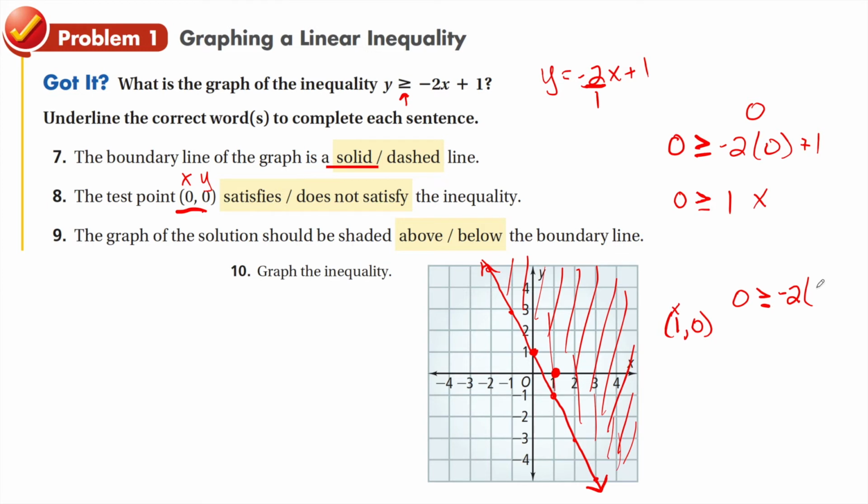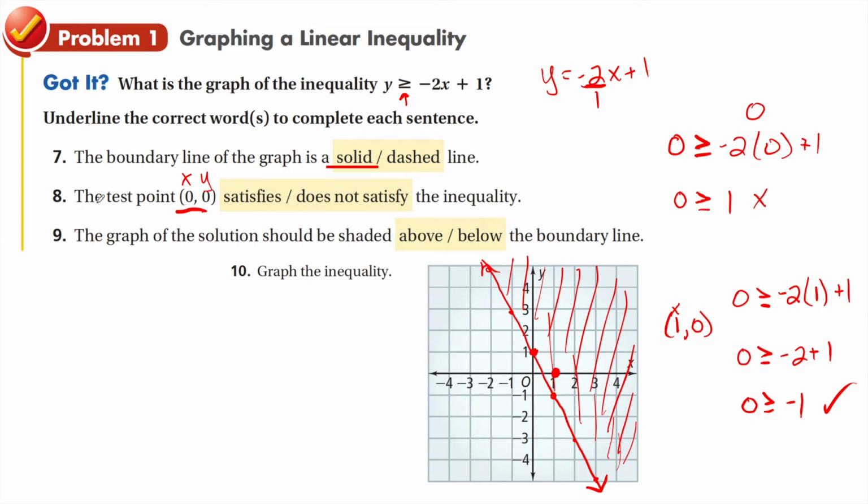So if, again, the y is 0, it has to be greater than or equal to negative 2 times our 1 value, because that is our x that we're choosing. I'm then going to add 1 to it. Well, is 0 greater than or equal to negative 2 plus 1? Well, that means is 0 greater than or equal to negative 1? And in this case, it is. And therefore, we can shade in everything above, because all the points above will work.